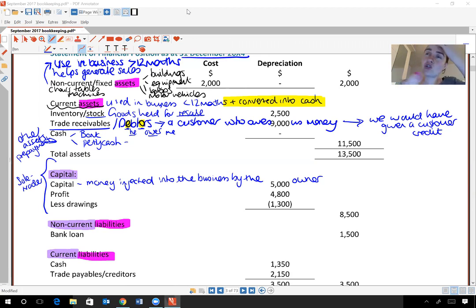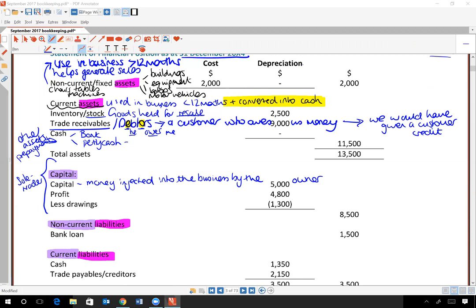I'm not sure if you have heard of this term before, but for a limited company, which you'll see at level 4, you don't call it capital, you call it share capital. So there's just tweaks depending on what type of entity you are looking at. We're going to focus on sole traders, unincorporated businesses.